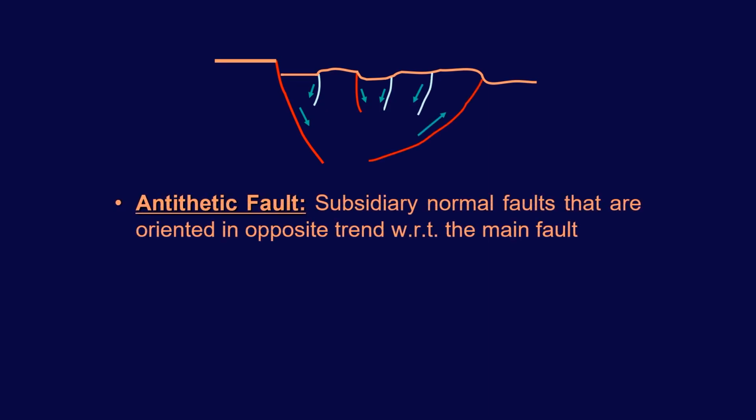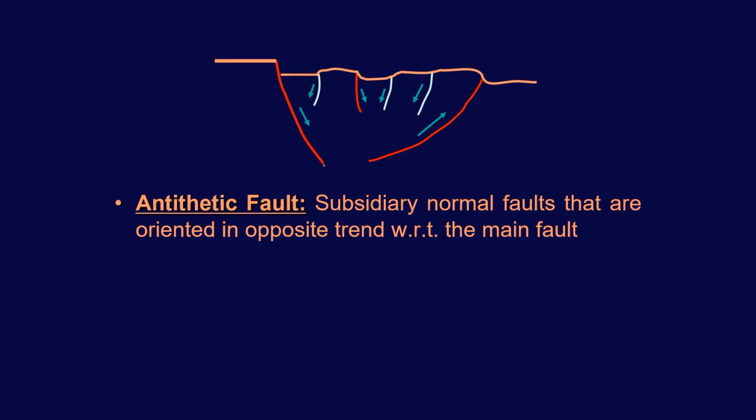So, if you have to talk about associated secondary faulting, then we have to classify or categorize these faults: the main fault and then the associated faulting. That is what we term as synthetic and antithetic faults. Antithetic faults are subsidiary normal faults that are oriented in the opposite trend with respect to the main fault.